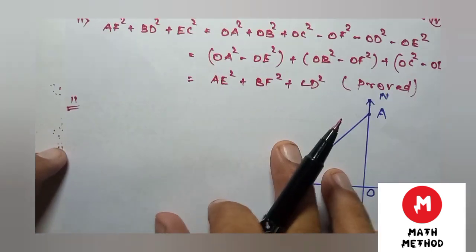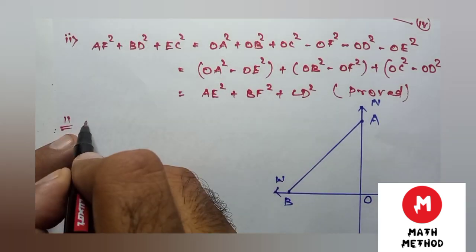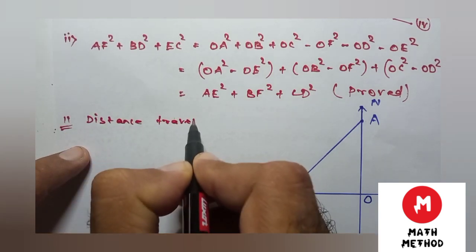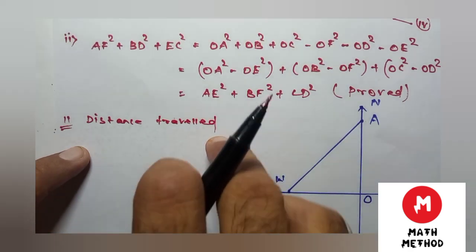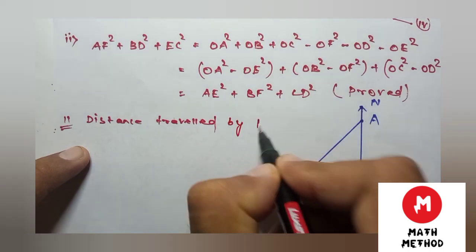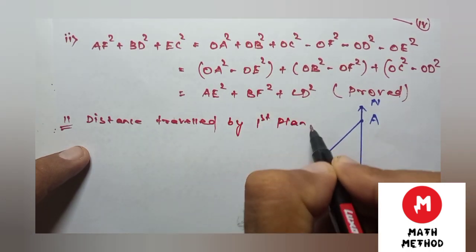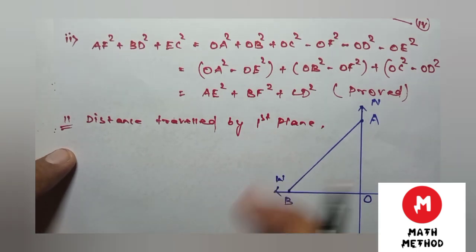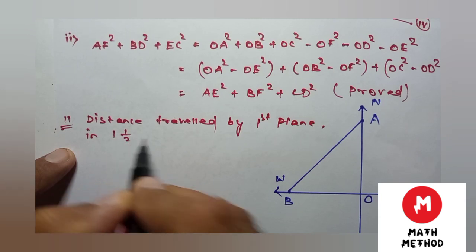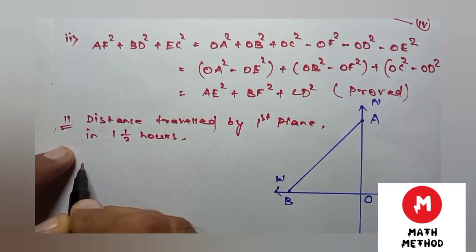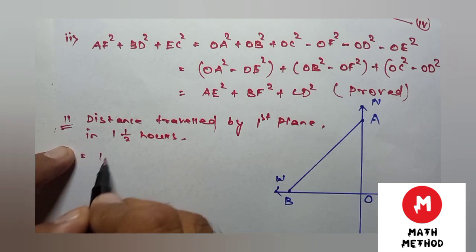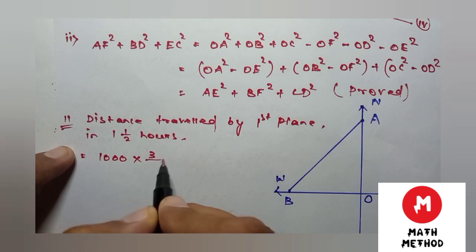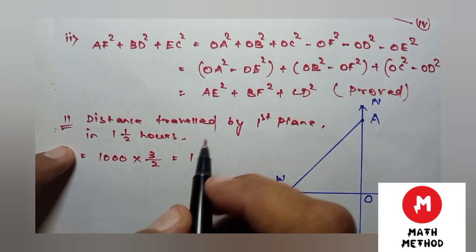So here I will start like this: the distance traveled by first plane in 1.5 hours is equal to, the speed is 1000 into 1 and 1 by 2, which is equal to 3 by 2, is equal to 1500 kilometers.